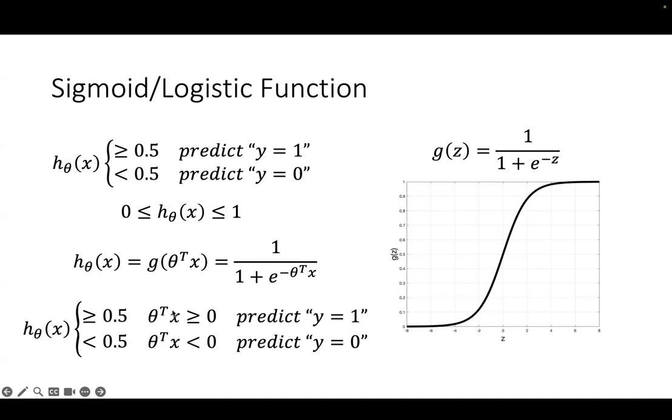And if theta transpose of x is greater than 0, the hypothesis will give you a value which is greater than 0.5. So your prediction niya will be 1. Okay, and that's how you basically implement yung sigmoid or logistic function.